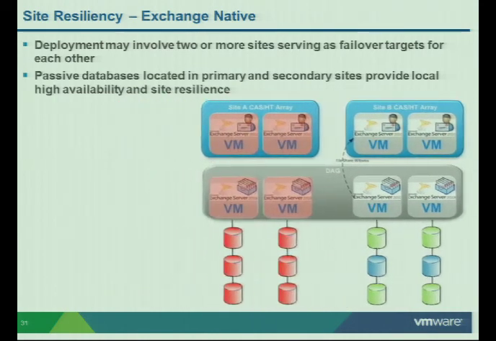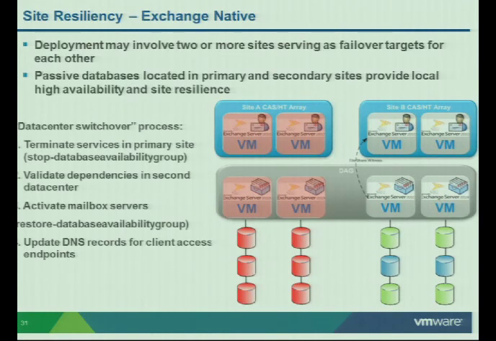In a failover scenario, we manually activate the databases in the secondary site. Now, unless we've allocated more storage, typically those databases would not have any protection at that time. Also, in most cases, the method of failing back would result in us having to reseed the entire databases back over.